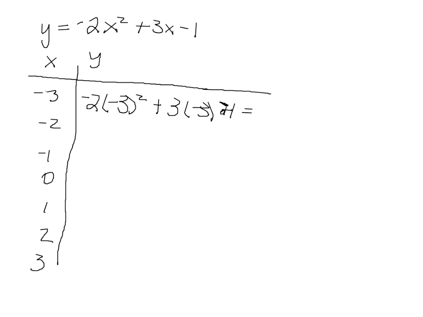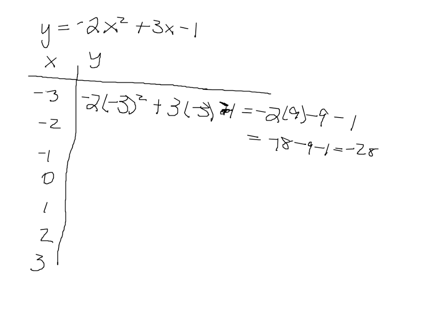Okay, so let's review order of operations real quick. Exponents first, so -3 squared is going to be 9. So we get -2 times 9, and then -3 times 3 is -9, -1. So -18 -9 -1 is -28.